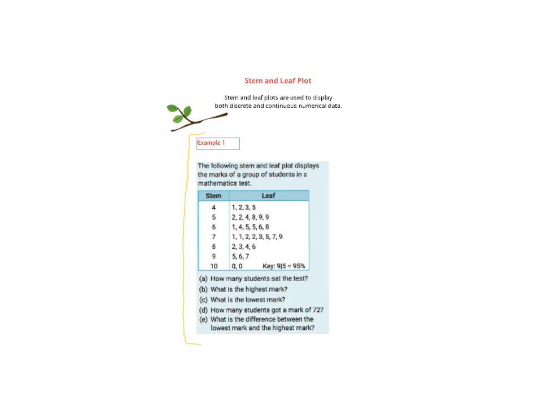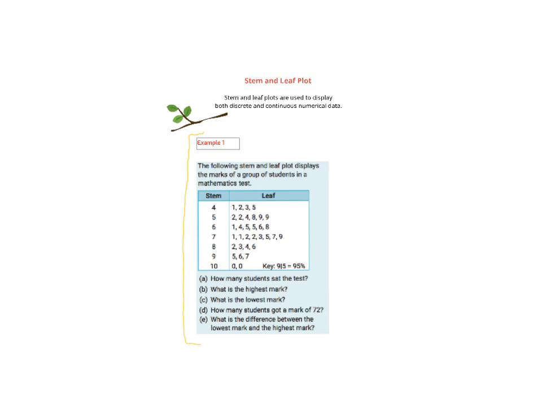So again, all the numbers from 50 up to 59. If you were to get 60 or more, you would go in here. So this person here got 61%, 72%. Again, you need this key so you can figure out how to read the graph.